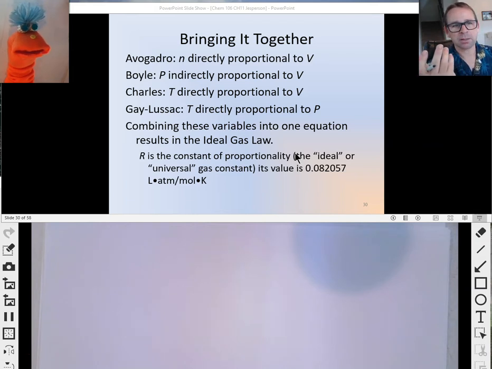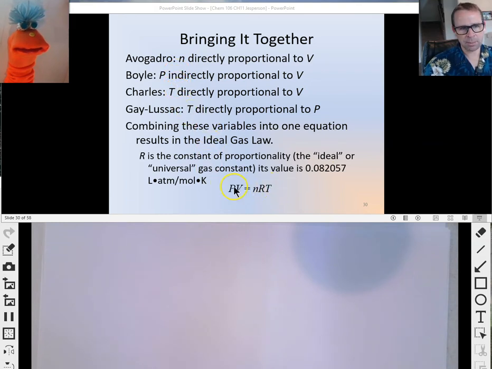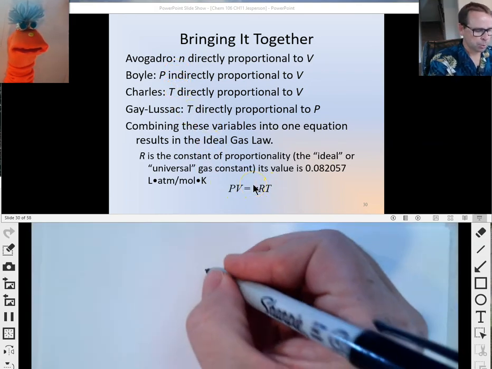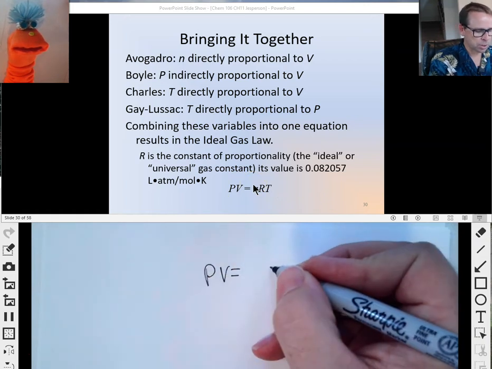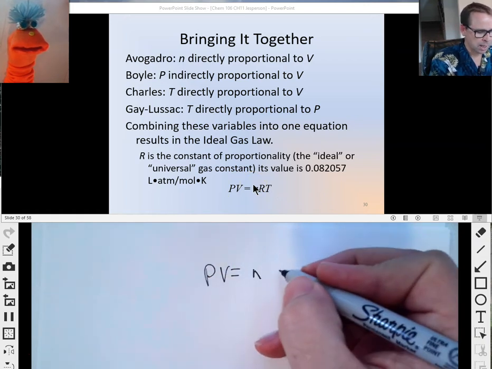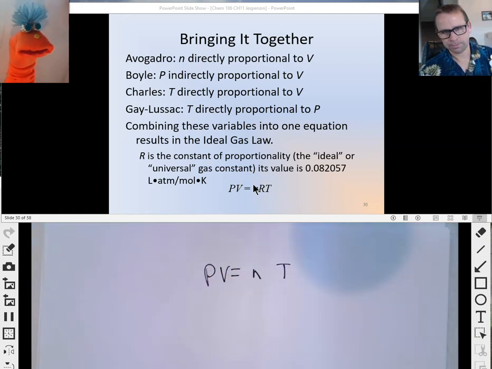The problem is all the units are different from each other. And so we have something that's called the ideal gas law that brings together all of our different parameters into one statement, where we have pressure and volume being related to the moles and the temperature.